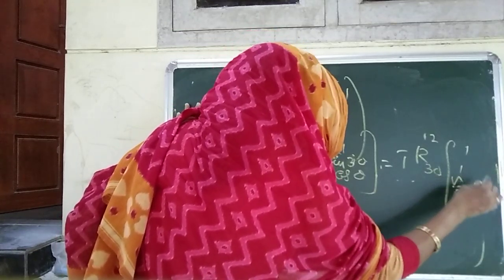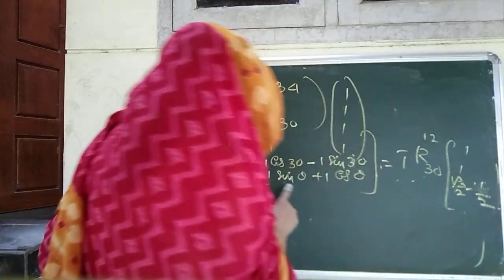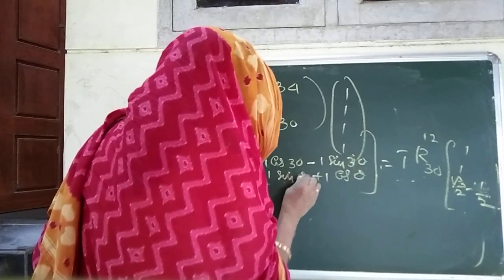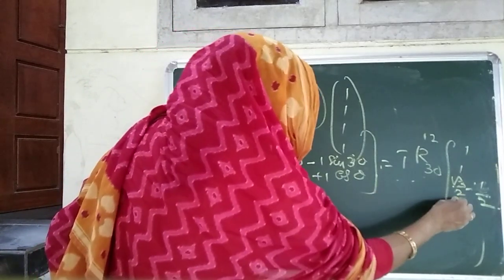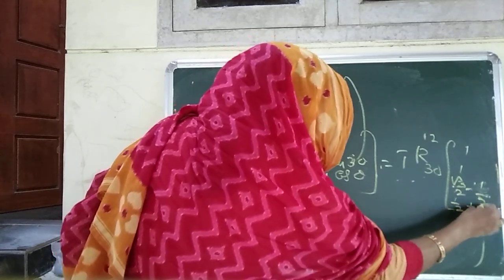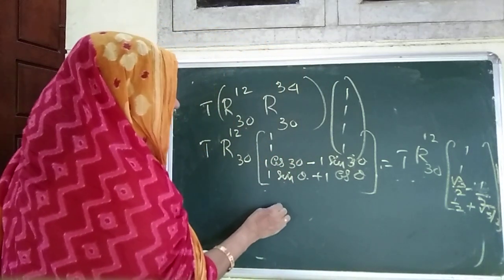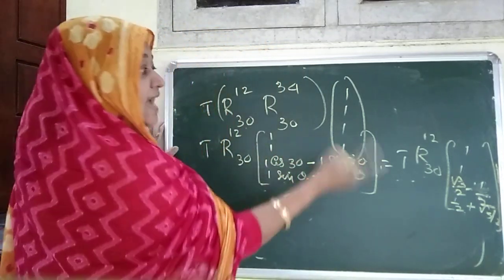Root 3 by 2 minus 1 by 2. Here sin 30 is 1 by 2, minus plus root 3 by 2. Then we have to find T of R30.